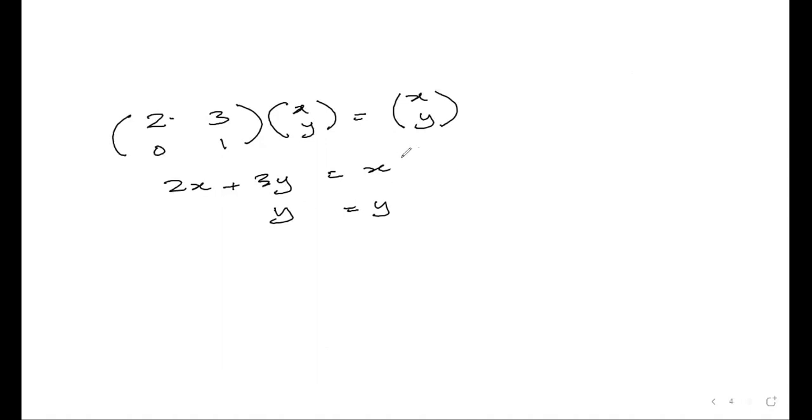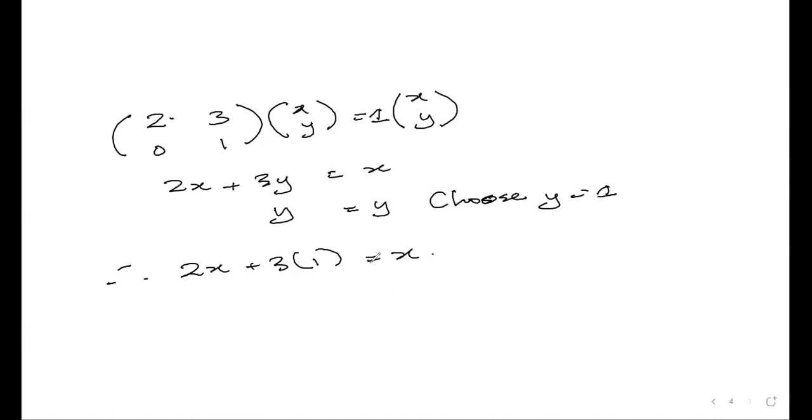All right. So let me put the one there. So it's 2x plus 3y equal x, and we have y equal y. So if y equal y, that is redundant. We can choose any value of y because y must equal y no matter what I choose. So choose y equal 1. And then I will substitute that back in here. So that is going to give 2x plus 3 times 1 is equal to x.